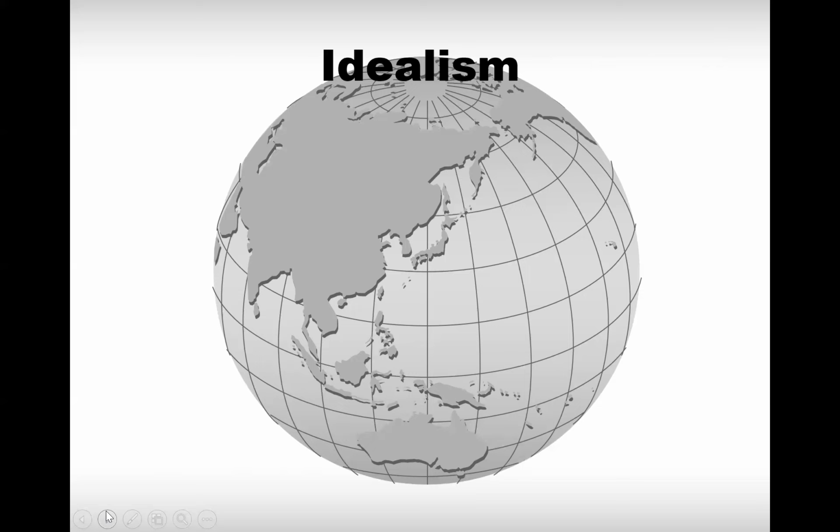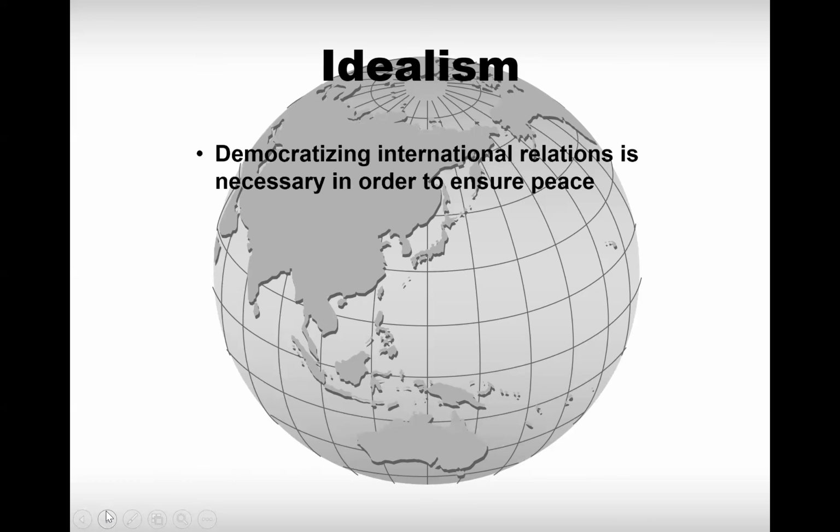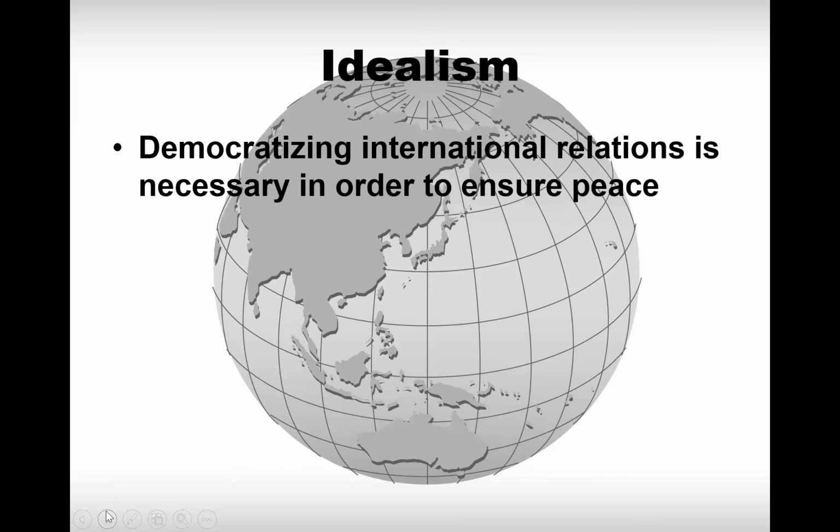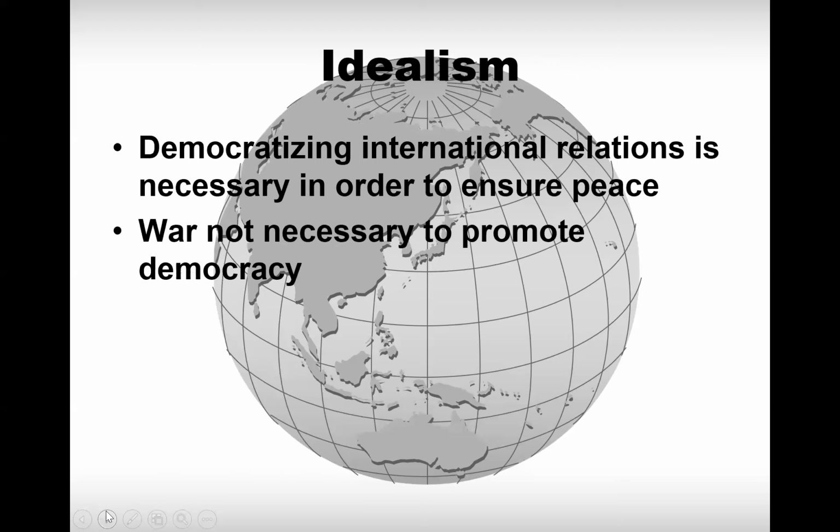As the name suggests, idealism believes in ideals. It's a normative theory. It is based on the idea, to paraphrase Carr, to examine what ought to be rather than what is, and to make what is into what ought to be. So idealists believe in democratizing international relations, and they believe that this is necessary in order to ensure peace.